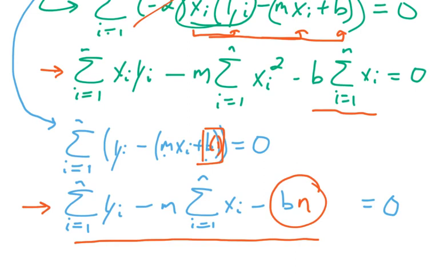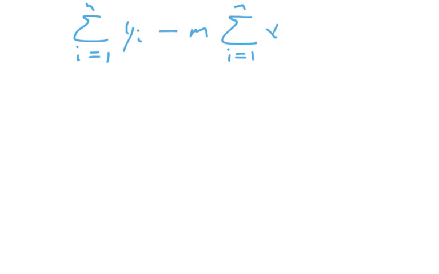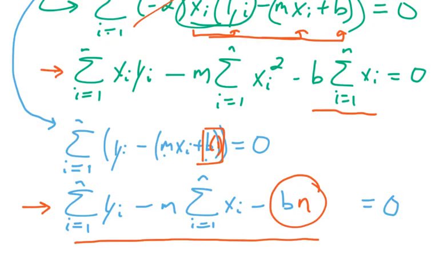Let me take this onto the next page. So what I've got here is rewriting that second line. I've got the sum of my y's minus m times the sum of my x's is equal to bn, if I add bn over to the other side. I'm just taking bn, adding it over.